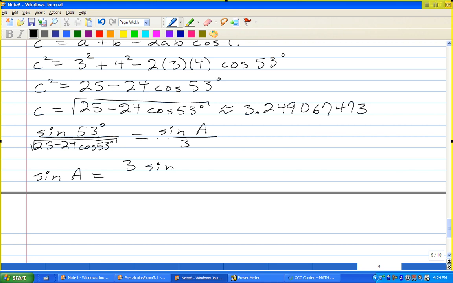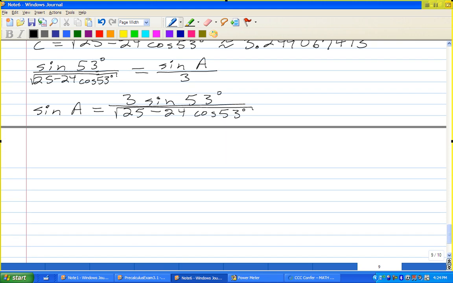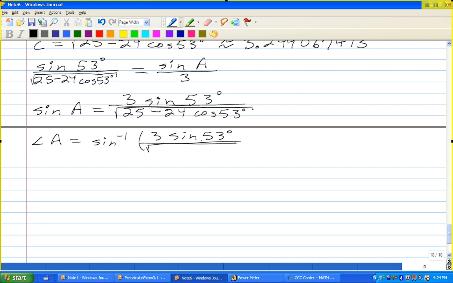3 sine of 53 over the square root of 25 minus 24 cosine of 53. And so angle A has a measure of arc sine 3 sine 53 degrees over the square root of 25 minus 24 cosine of 53 degrees.